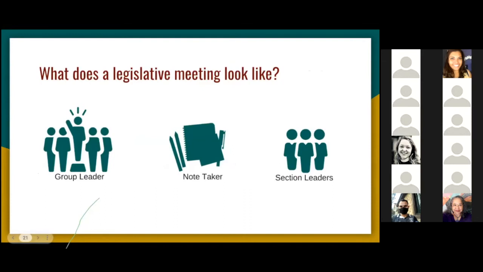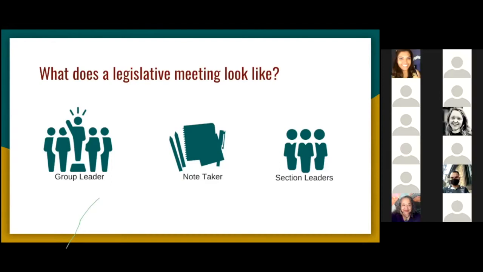And so here's where we move into the part of the presentation where we're talking about what a research meeting looks like. You've already done your research, great job. Now we're going to move into the meeting. So the roles that we have here are first, the group leader, who facilitates the conversation, keeps an eye on the time, and makes sure that the group's asks are clearly presented.